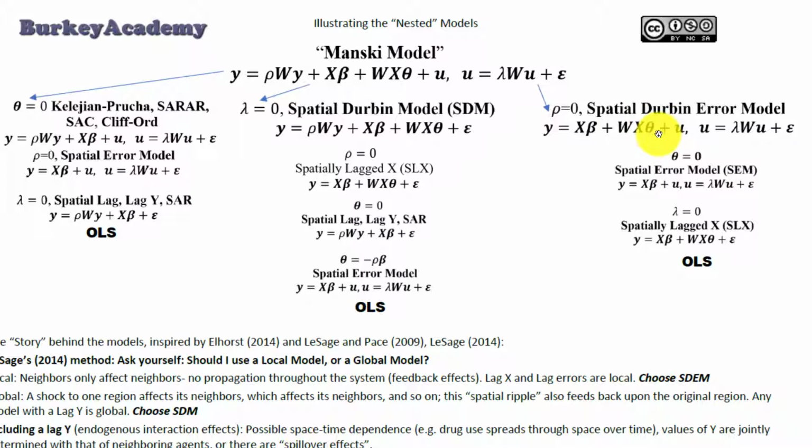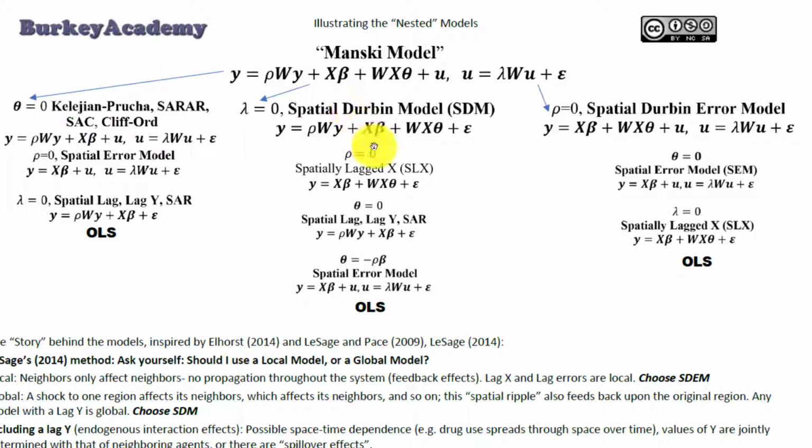So if you go with a more modern version of a spatial specification search, then what Jim Lesage would say is, look, don't worry with the Manski model. And he makes some arguments against the Collegian-Pruka model. So let's ignore the left column over here.